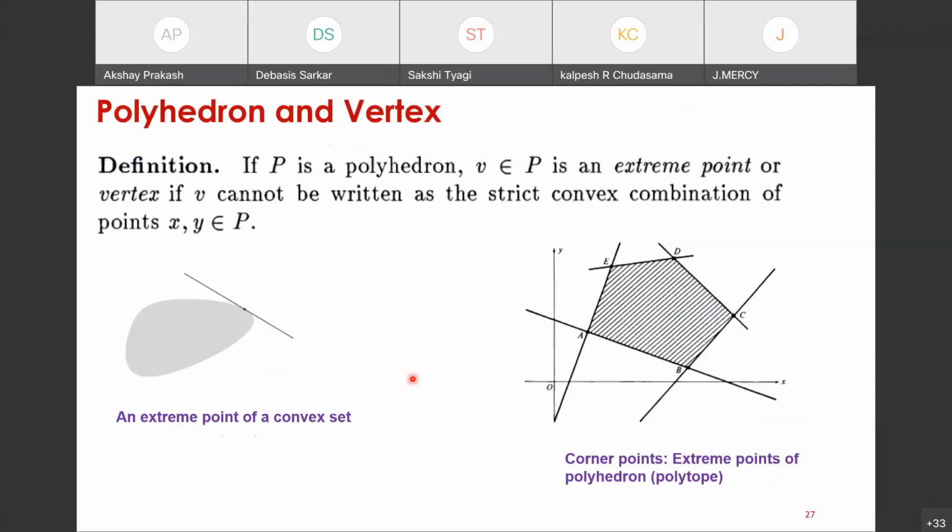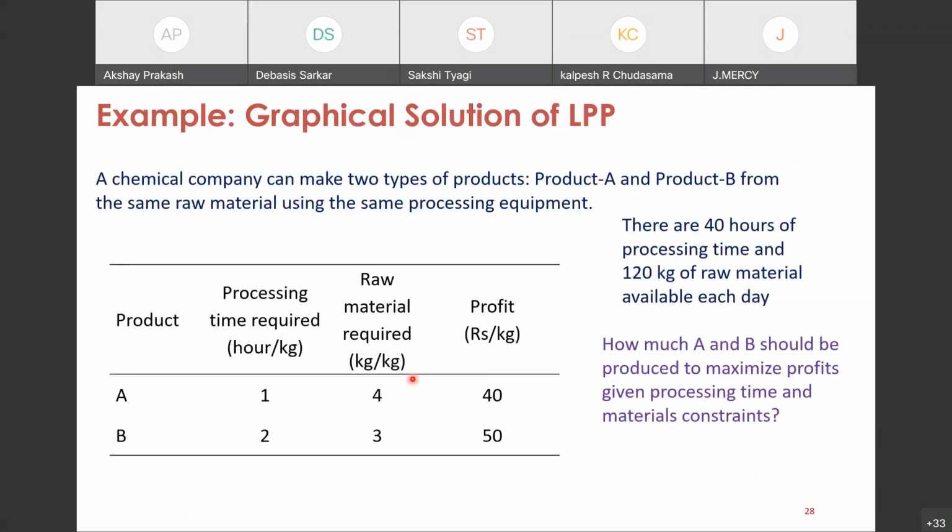Okay, now let us actually quickly take an example of a linear programming problem. So let's say a chemical company. Okay, to save time, I have unmuted.